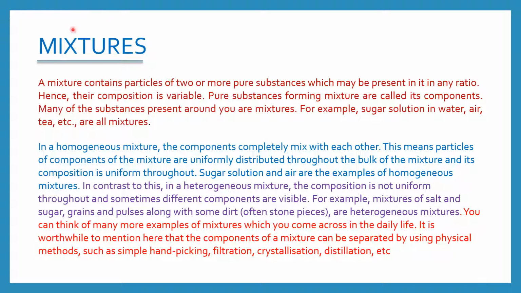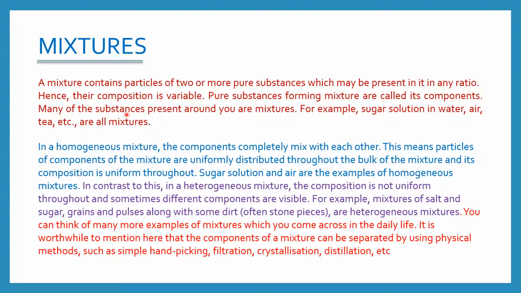So now we will see what is a mixture. A mixture contains particles of two or more pure substances which may be present in it in any ratio. तो एक मिक्सचर दो या दो से ज़्यादा प्योर सब्सटेंसेस से मिलकर बनता है, and they can be present in any ratio. Okay, and their composition can be variable, and the pure substances forming a mixture are called its components.